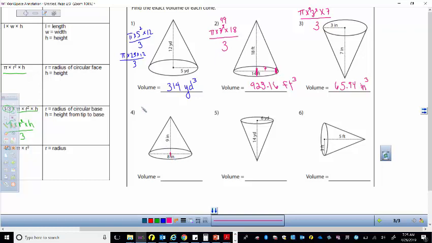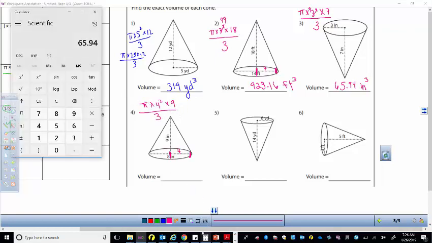All right, number 4, we're going to have a diameter again, so we need to remember that we want the radius, not 8, we want 4. So we're going to have pi times 4 squared times 9, all divided by 3. Remember, we do the whole top, and then we divide our answer by 3.